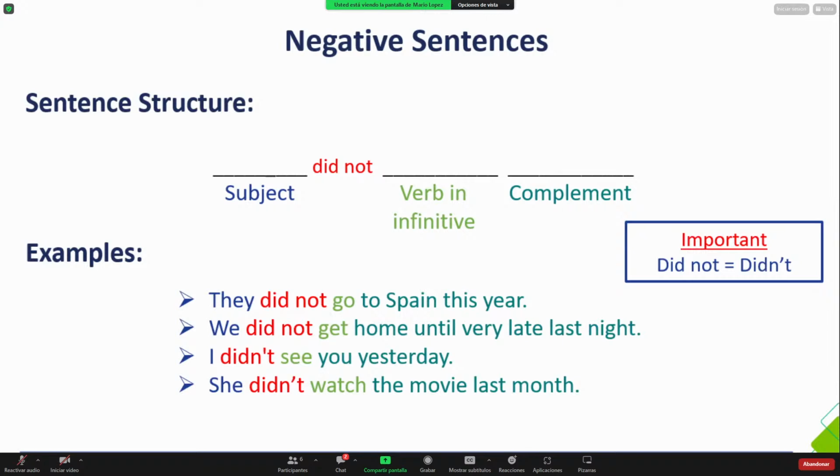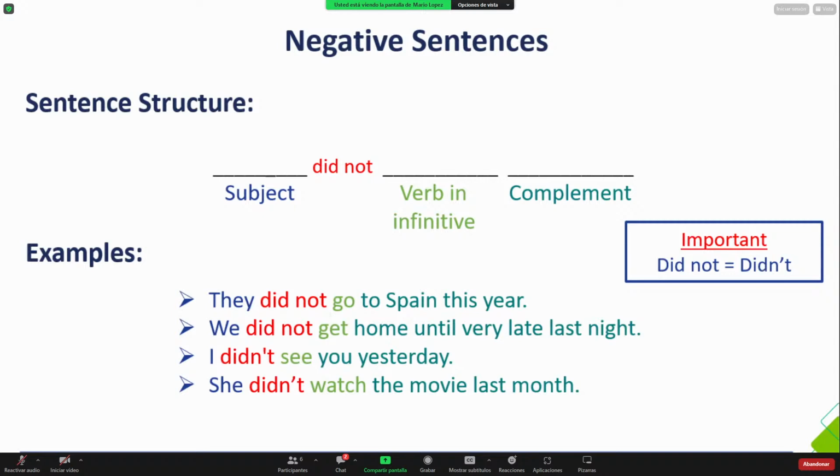Para las oraciones negativas, agregamos did not después del sujeto, antes del verbo, pero es importante que el verbo se coloca en infinitivo o en su forma base, no en pasado. Oraciones negativas no usamos verbo en pasado, usamos verbo en infinitivo.